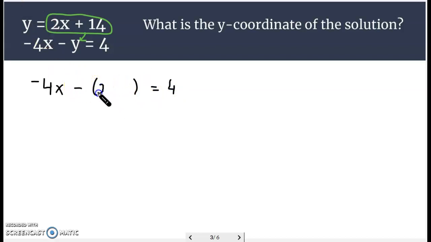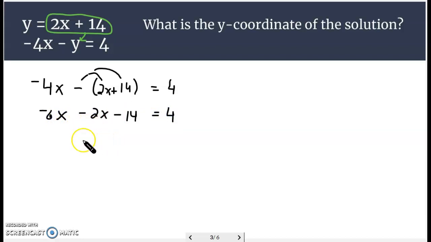I'm going to use the quantity 2x plus 14. This negative sign gets distributed to each item, so we have a negative 2x and a negative 14. I'm going to have negative 6x. Negative 6x, negative 2x is negative 8x.